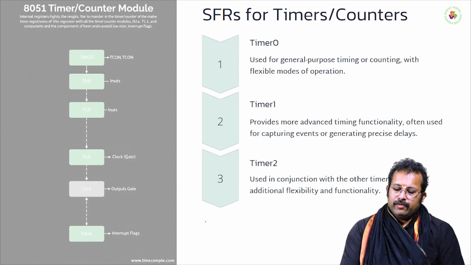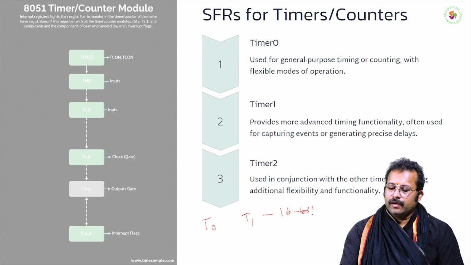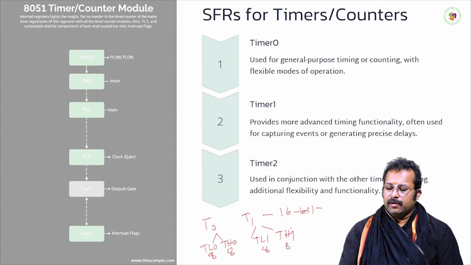Timer 0 and timer 1 are both 16-bit timers, divided into timer 0 lower, timer 0 higher, timer 1 lower, timer 1 higher. All are 8-bit registers.